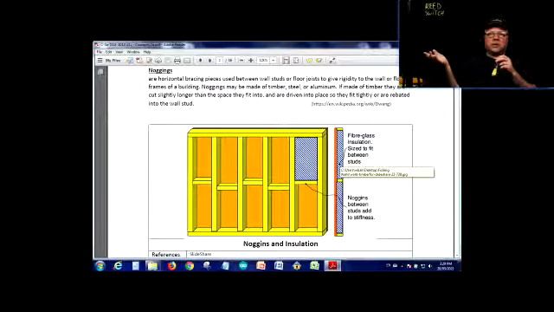What do we need the insulation for in the partition walls when it's just dividing one room from another? Well, one is keeping the temperatures intact, and the other one, a big one, is soundproofing. Right?